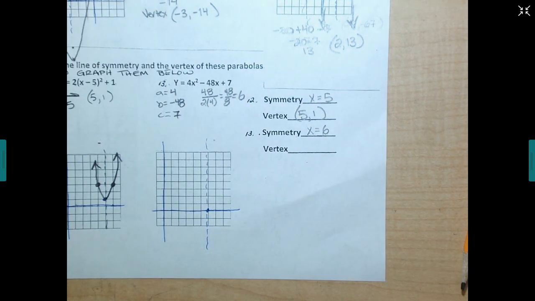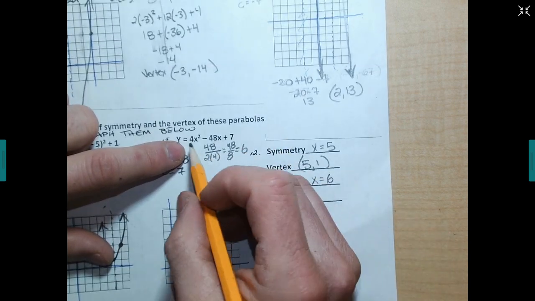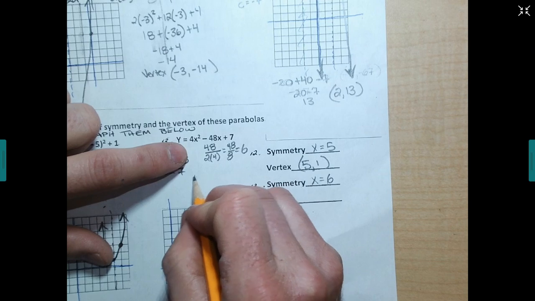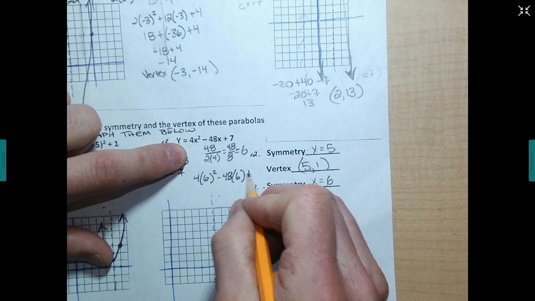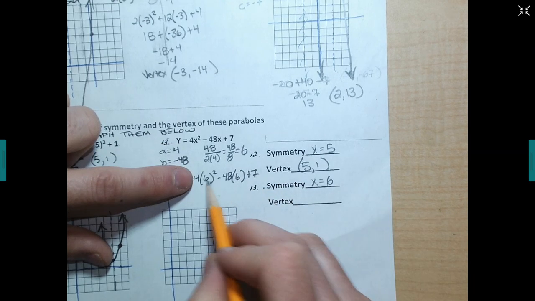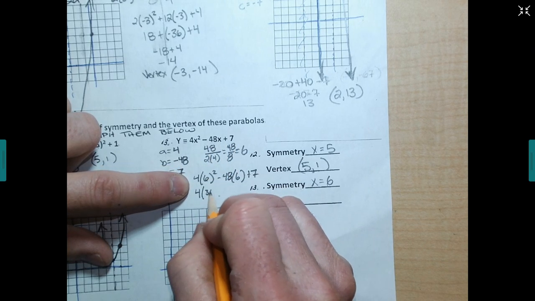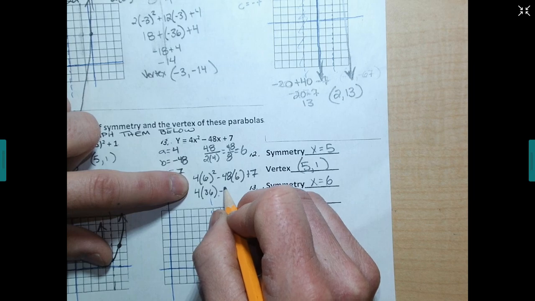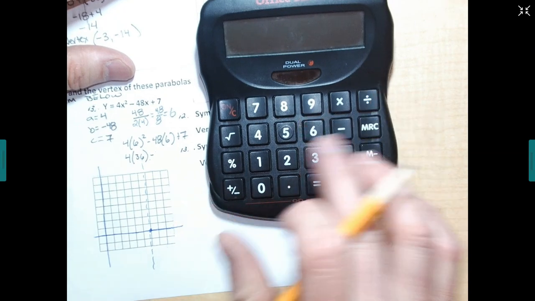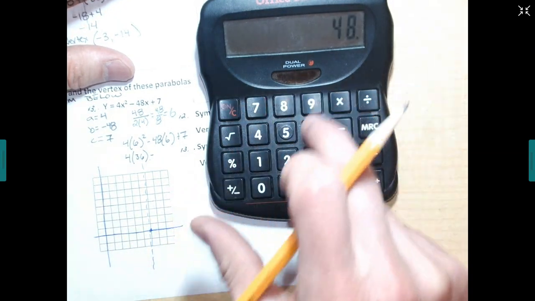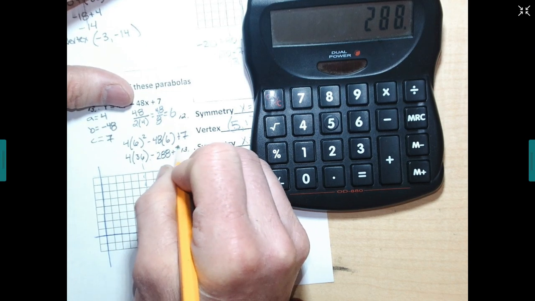And now I'm going to plug that 6 back into here so that I can get my vertex. So 4 times 6 squared minus 48 times 6 plus 7. Right? Because I just plugged in my 6 into this equation. 4 times 36 minus 48 times 6, 288, plus 7.